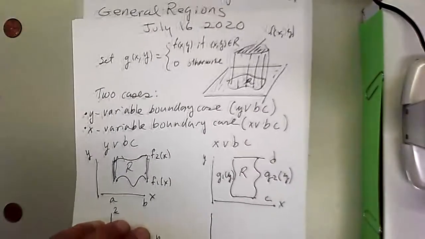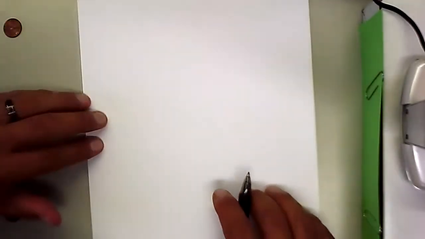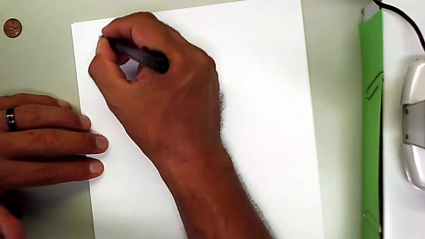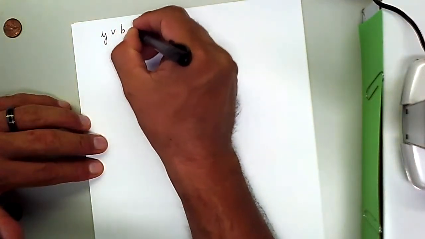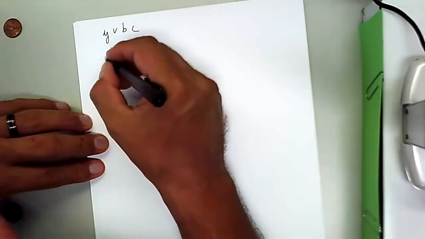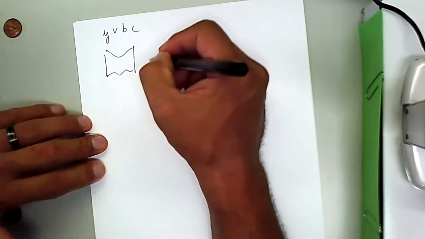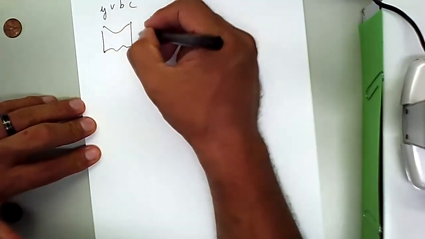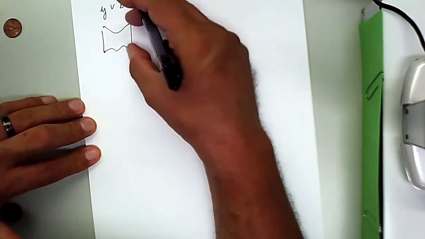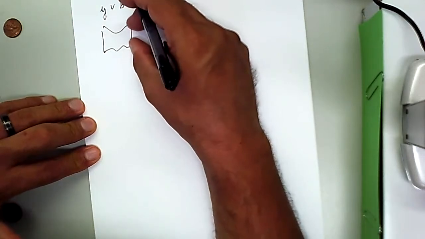I might just as well continue with this idea real quick. If you have the y variable boundary case, again, you could have some kind of curve, two straight lines, but these lines don't have to be long or short. They could be a point.